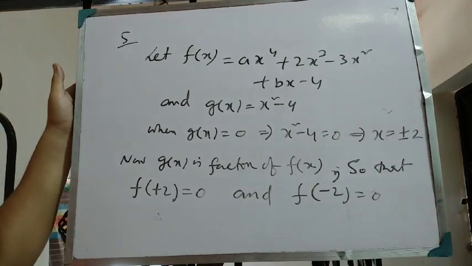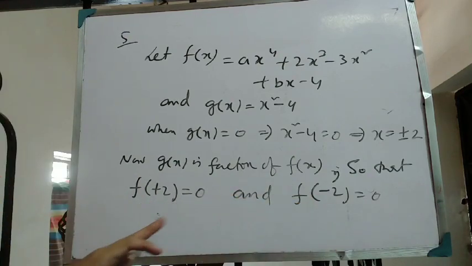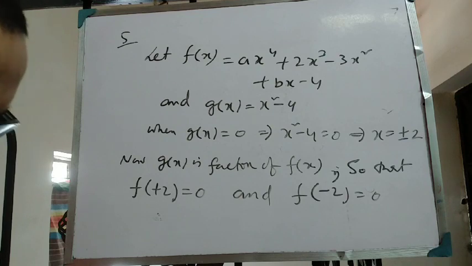You have two unknowns, a and b, to find. That is why you have two equations. As many unknowns, as many equations are required.